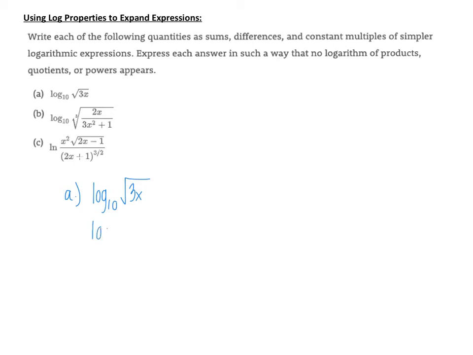One thing that's good to do is always get that exponent. Instead of having the square root, you can write it as 1/2. Using property 4 from our red box, realize that 1/2 can now come in front. I have a base that has an argument with multiplication in it.